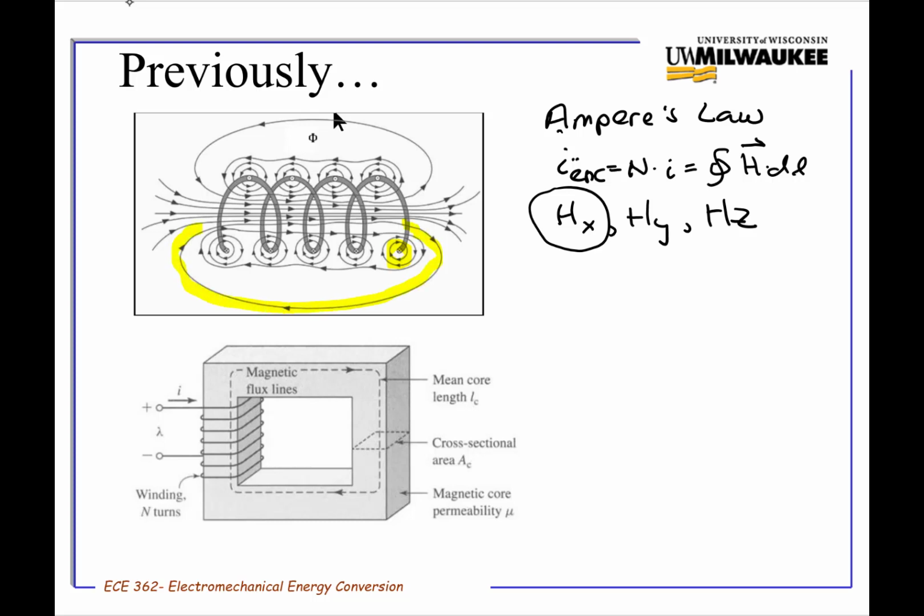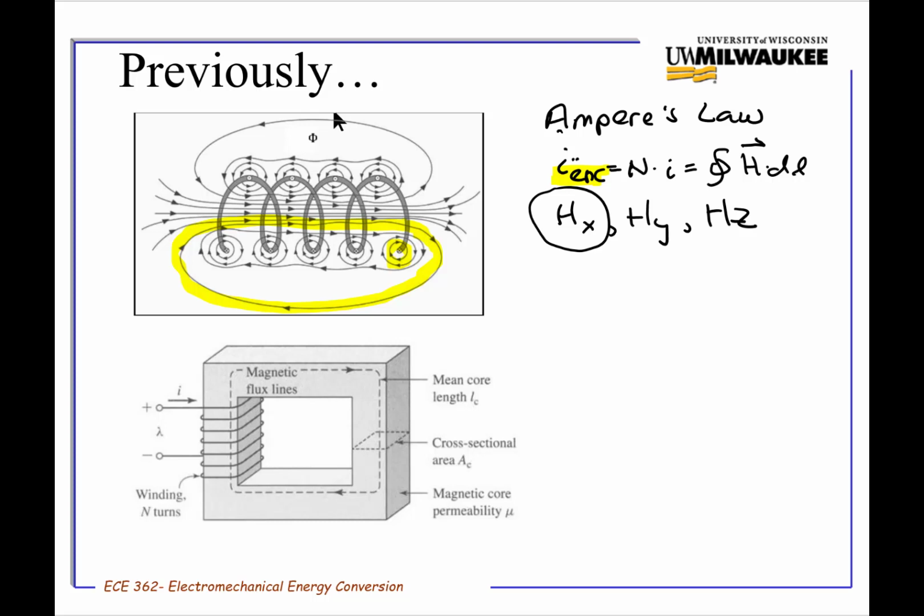Instead of the H going around one wire, it's going around all the wires. So I like to think of this I enclosed as the current that's enclosed by the magnetic field lines that we're showing here.